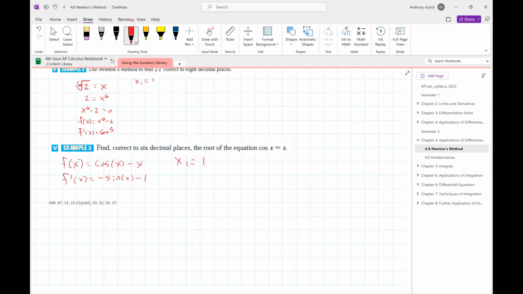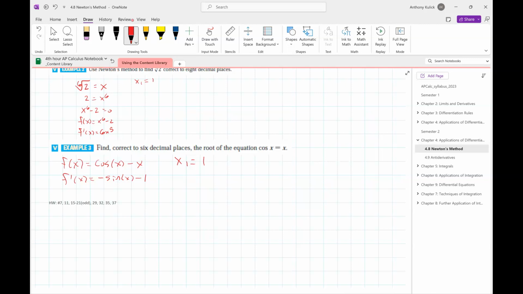Wait, what does it have to be between this time? Well, here it's much less clear, right? Pick a value. I know that when x gets really big, cosine is stuck between -1 and +1. So if x gets really big or really small, obviously there are no solutions out there, because cosine x and x have to be equal.